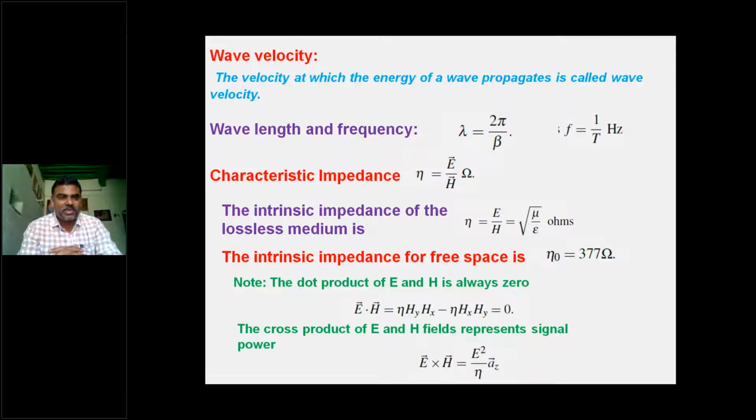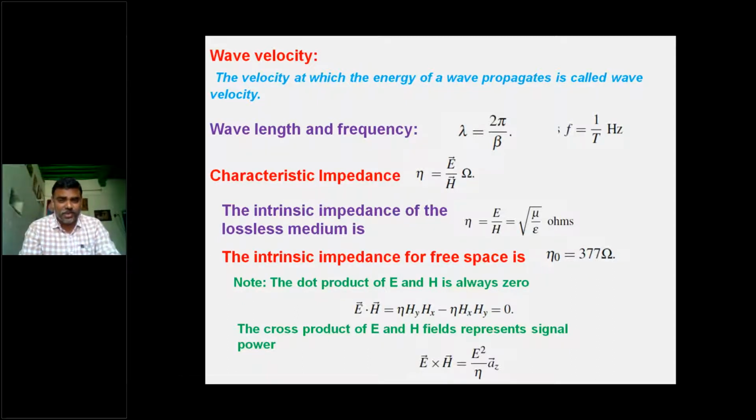And the characteristic impedance is nothing but the ratio of amplitude of electric field to the magnetic field. So magnitude of E by magnitude of H will give the characteristic impedance. And see here, we can call the characteristic impedance the intrinsic impedance. There is nothing wrong, both are the same. And that intrinsic impedance of free space or lossless media, E by H, is given by root mu by epsilon.